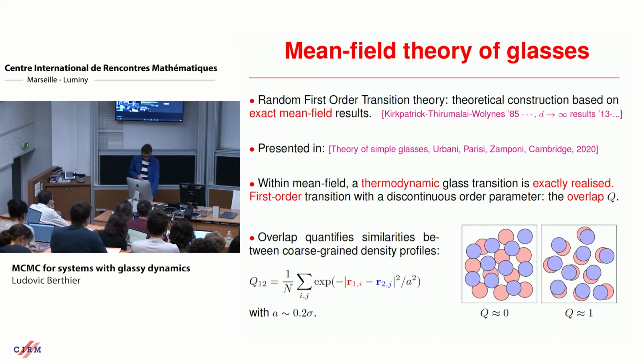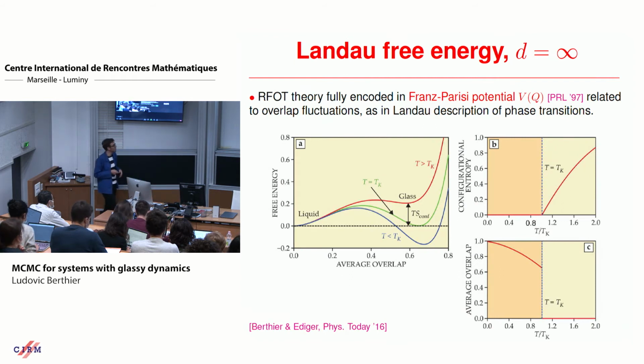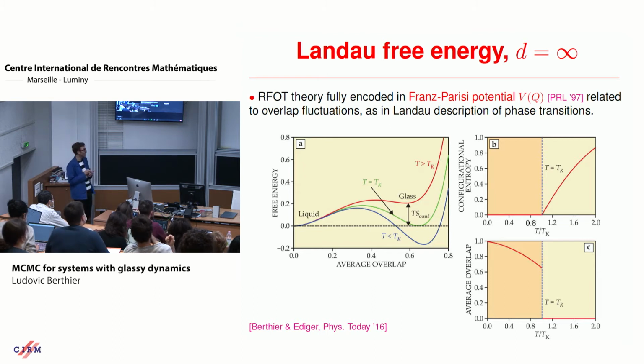So I think I have a sketch of what the phase transition looks like. It's boring. It's looking like an ordinary first order transition, like first year physics. And this is the free energy in one of these mean field limits as a function of the overlap that I've just defined.